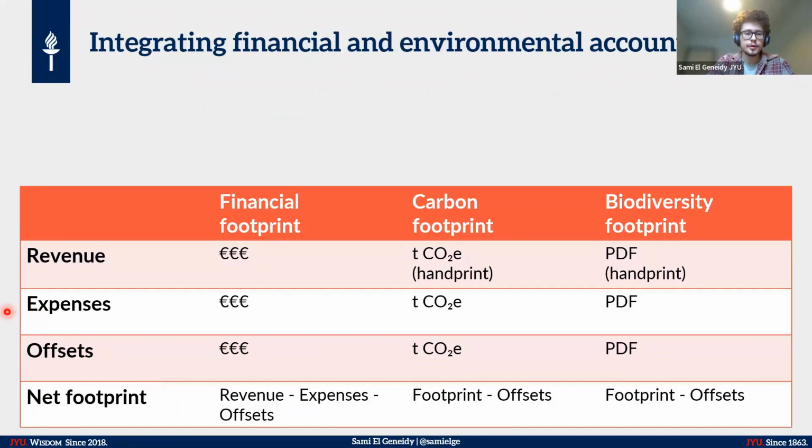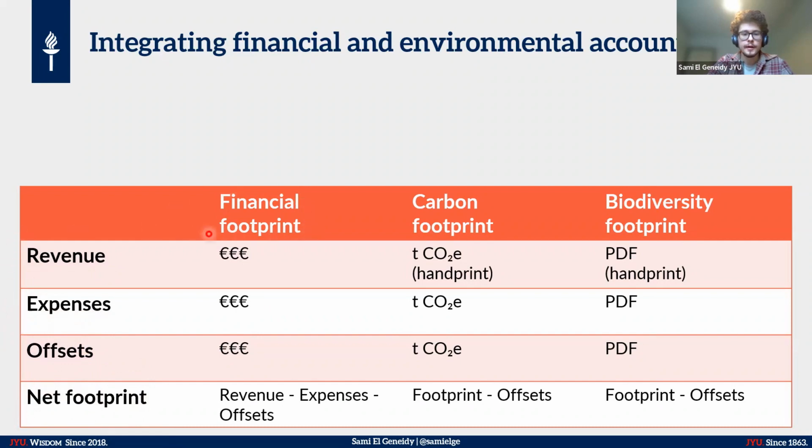We've tried to develop a model for combining financial and environmental accounting. This is a very simplified impact statement of an organization. Here we have revenue, we have expenses, we could also have our own line for offsets, and then we have the net footprint.